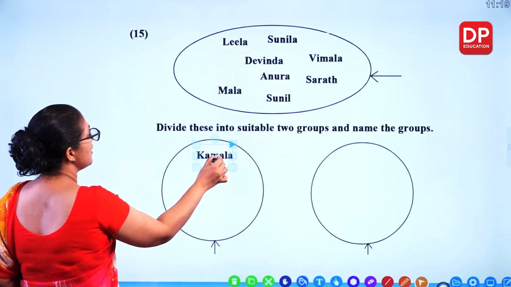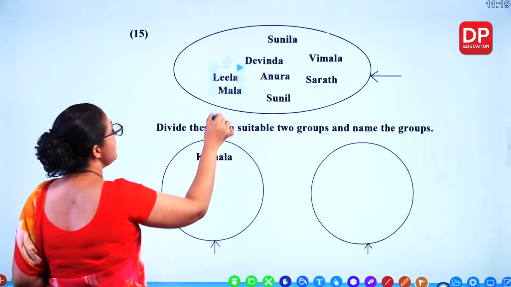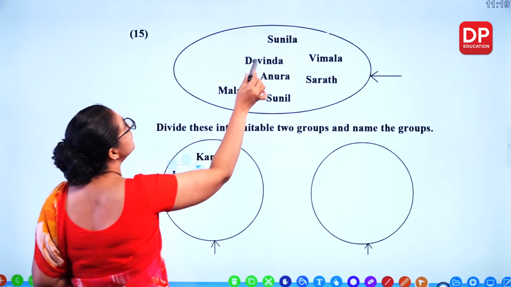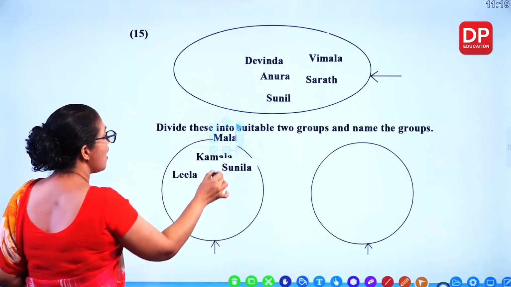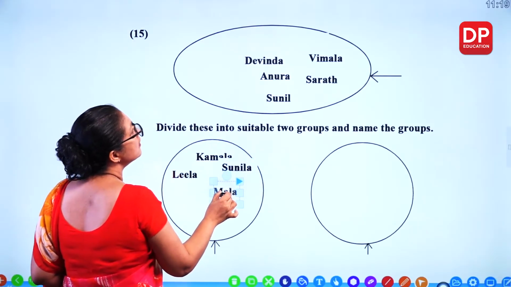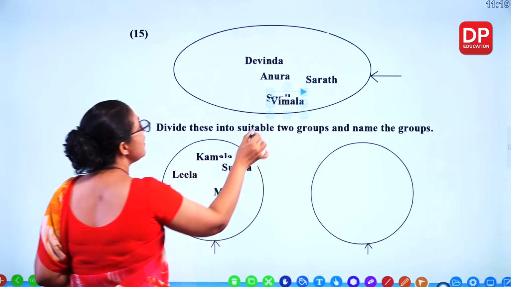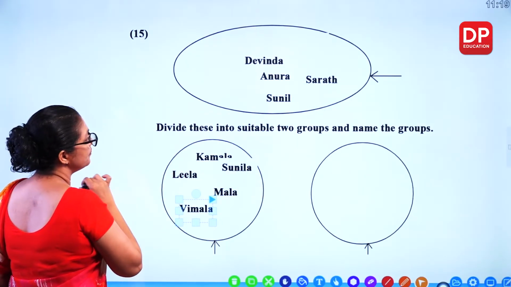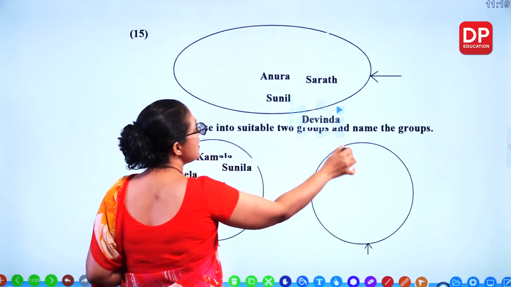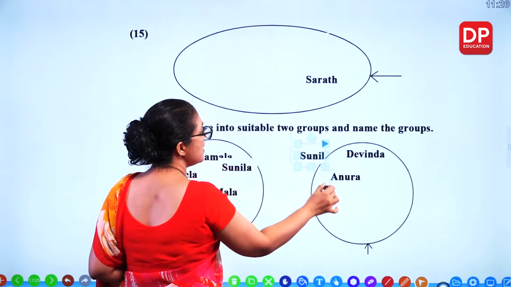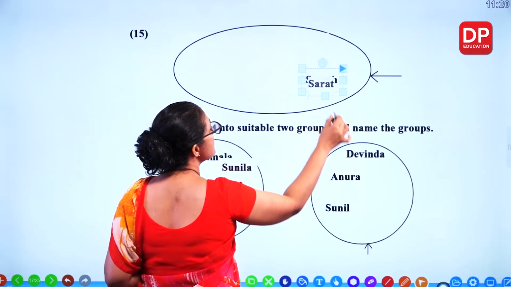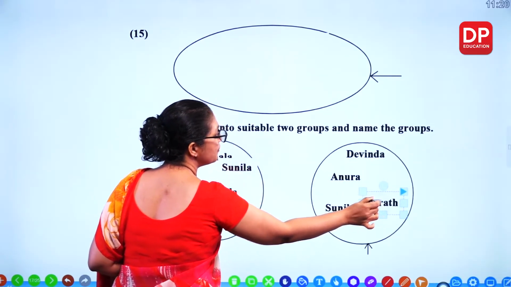We'll take Kamala, Leela, then Sunila, Mala, Vimala in one group, Devinder, Anura, Sunil and Sarath in another group.